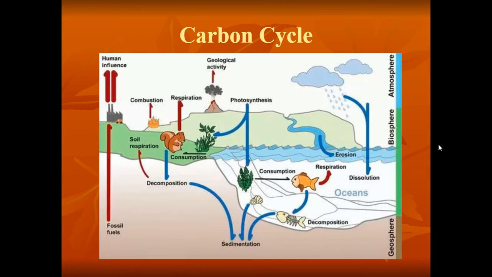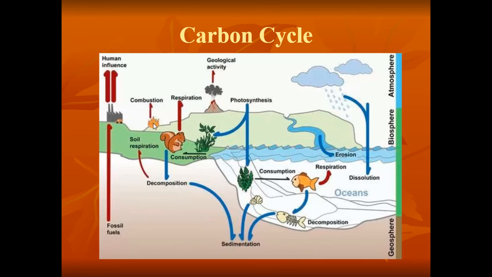Here's another picture of the carbon cycle, a little bit more detailed, where we get us and other animals eating plants in order to get their food. They respirate that out as carbon dioxide, and then the plants take that back up again.